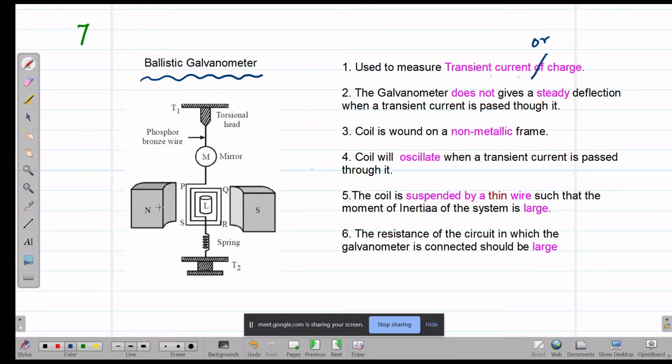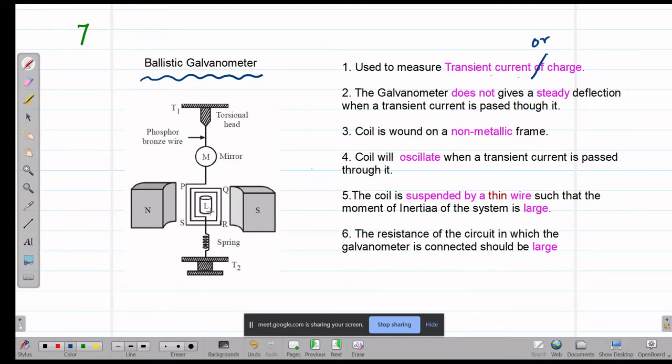The coil is suspended between the pole pieces of a horseshoe magnet, and you also have a soft iron core kept inside the frame of this coil. As a result of this special arrangement, the magnetic field is radial in the region between the north and south pole.